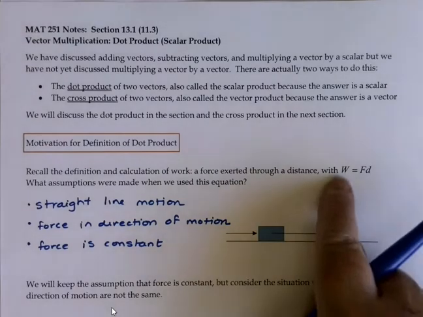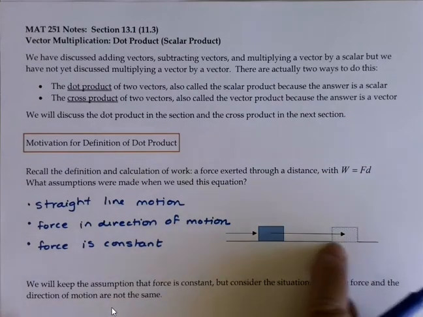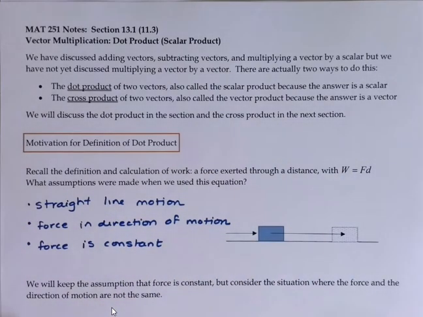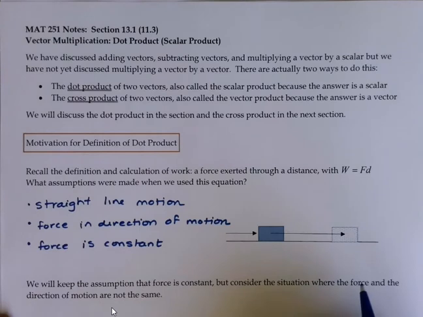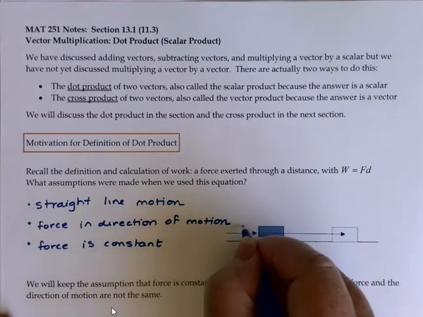So let's rephrase this in terms of vectors. In this specific situation, where the direction of motion and the direction of force are the same, what we see is that the force would actually be the magnitude of this force vector.